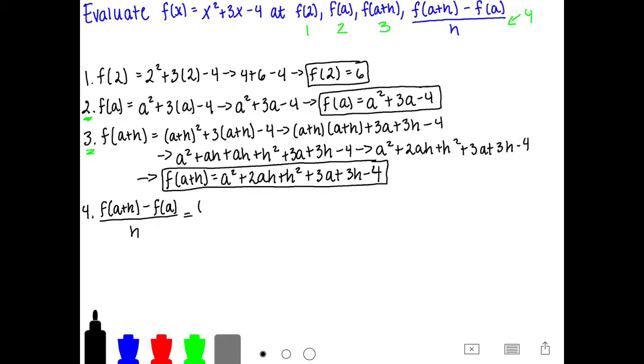So in parentheses, I'm going to write out the f of a plus h first: a squared plus 2ah plus h squared plus 3a plus 3h minus 4. Close parentheses. Minus, parentheses, forgot that, a squared plus 3a minus 4. And that will be all over h.